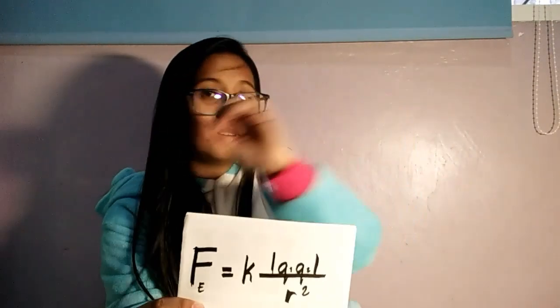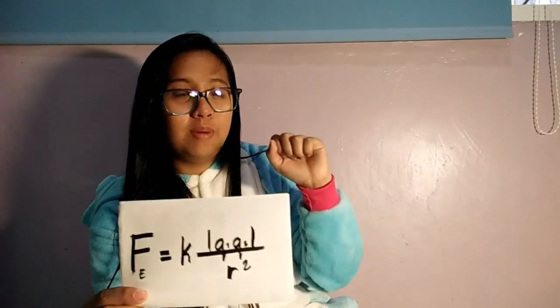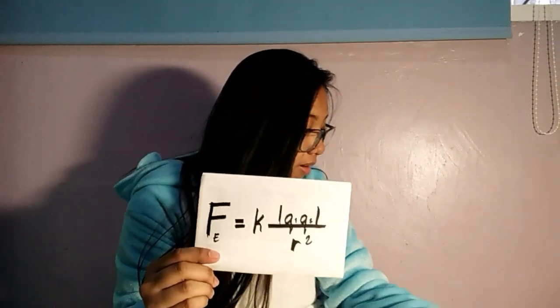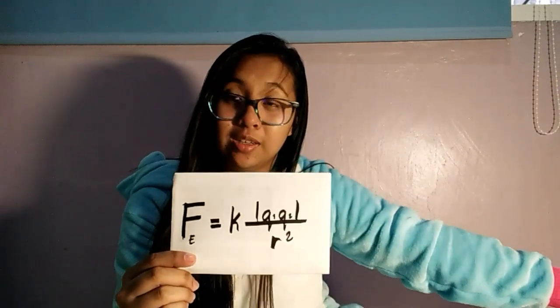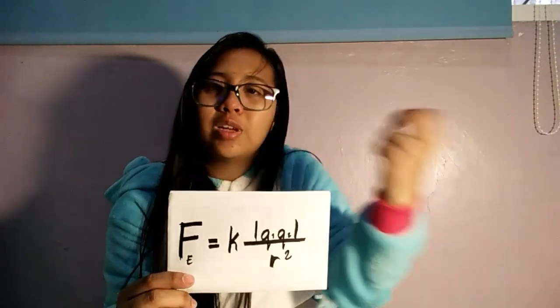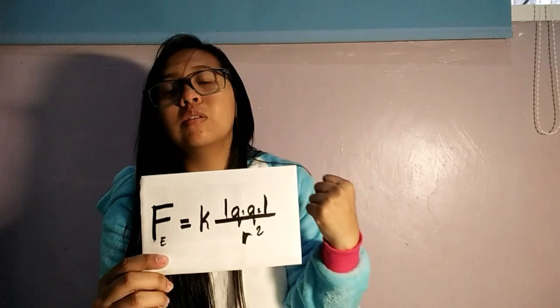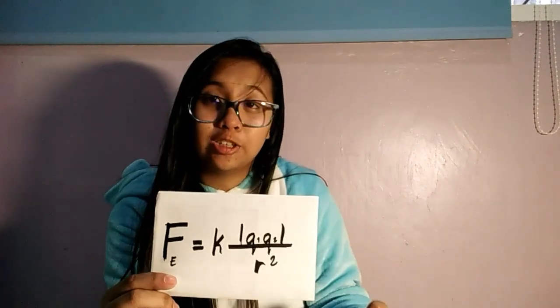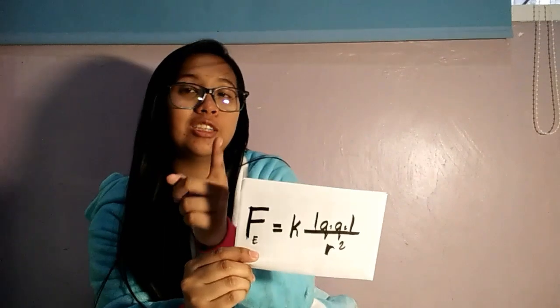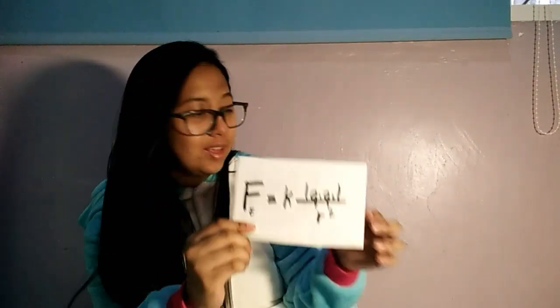But in the law of universal gravitation, there can only be attractive force, because gravity talks about attraction. So, no repulsion, just attraction. That's for gravity. But in electric, there's both attraction and repulsion.